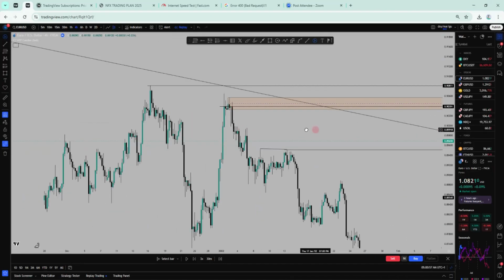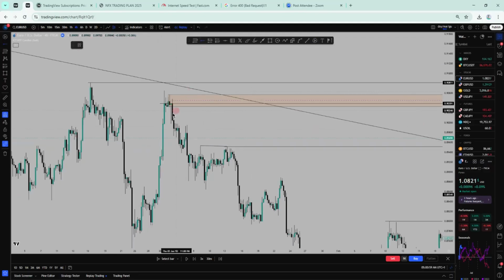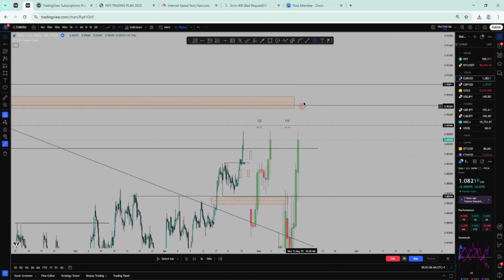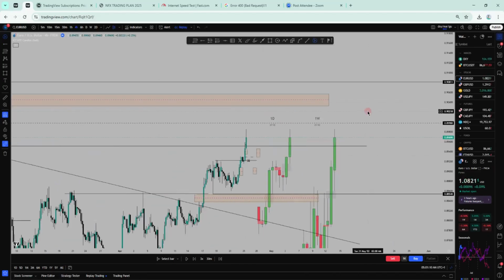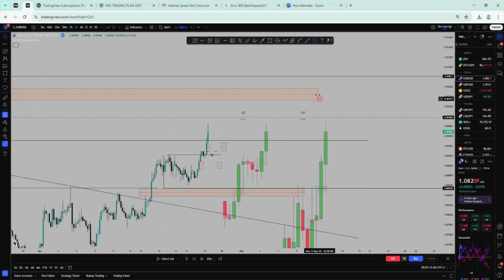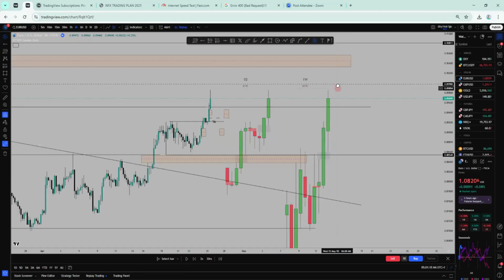some level of, let me just put this line on this other block. Okay, good. So we have this other block on the 6 hours time frame, so we can expect maybe we can get a reaction around this area. This is also another block on the 4 hour time frame.